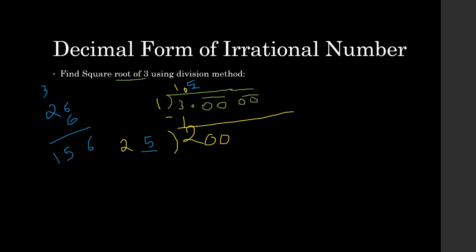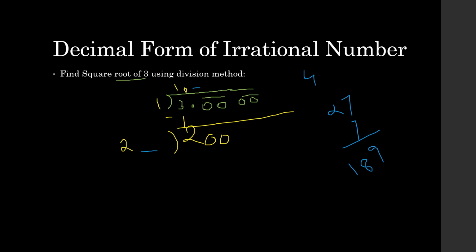So 25 will not be there. 26 6s are 156. Let us see for 7. 27 into 7. 7 sevens are 49. 7 twos are 14, and plus 4, 189. Yes, so 189 is close to 200. If you take 8, it will be greater than 200.